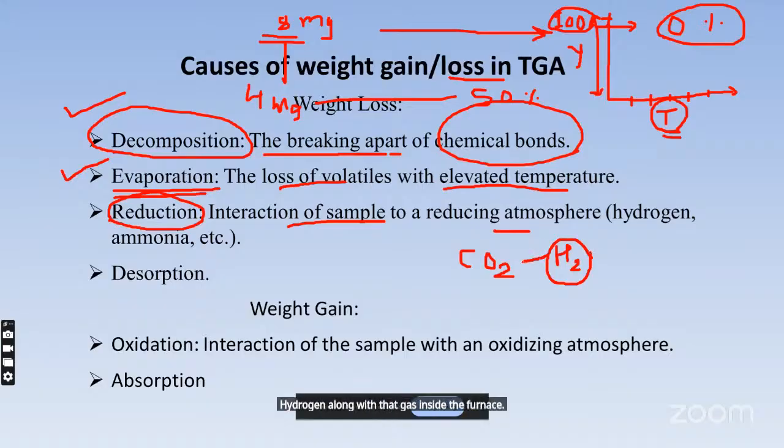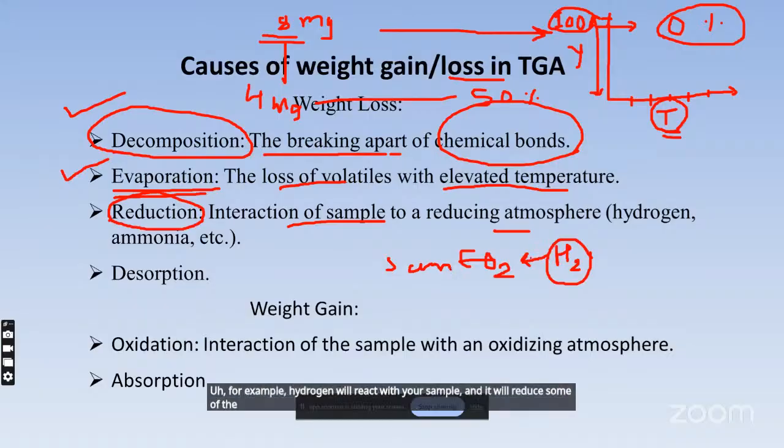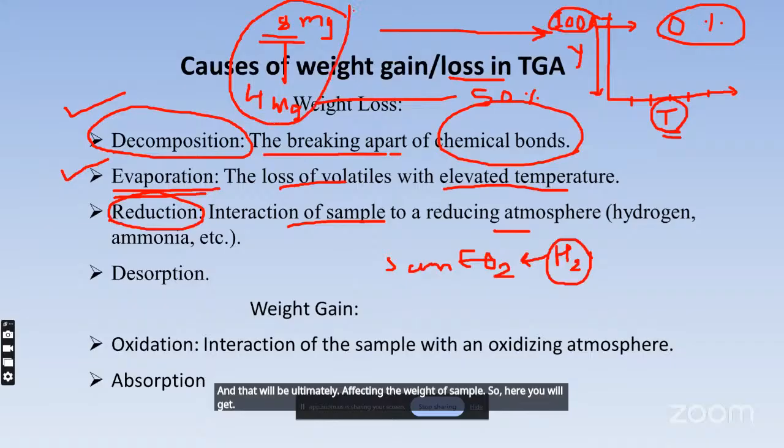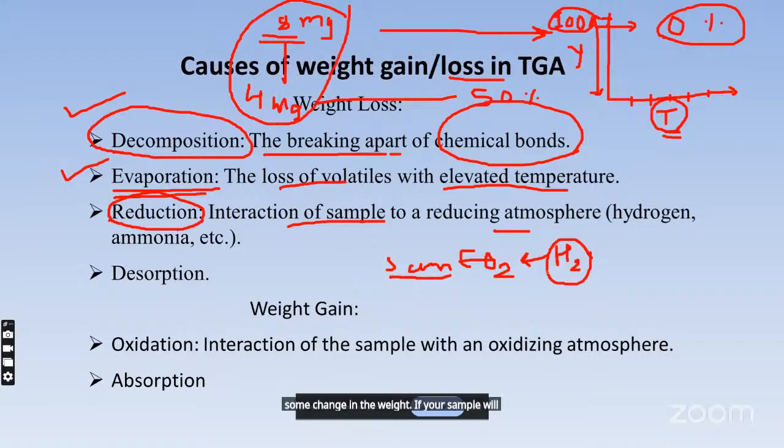The hydrogen will react with your sample and reduce some of the elements in it, and that will ultimately affect the weight of the sample. So here you will get some change in weight if your sample gets reduced by hydrogen.